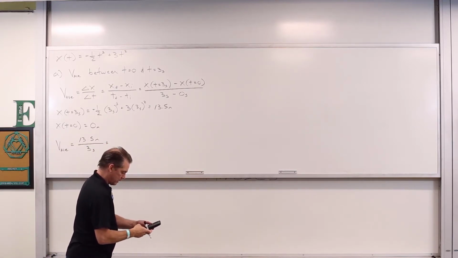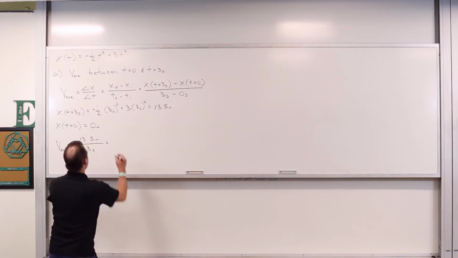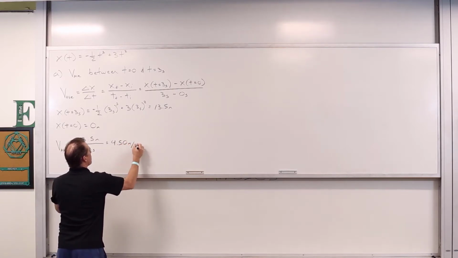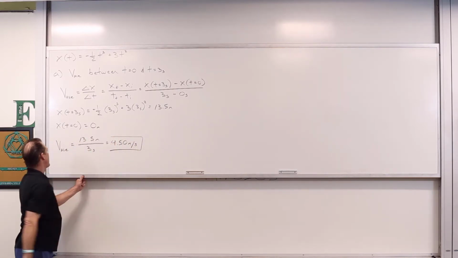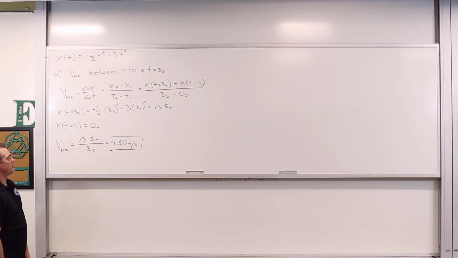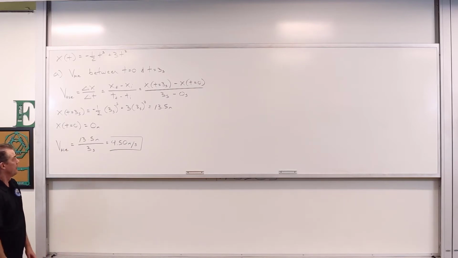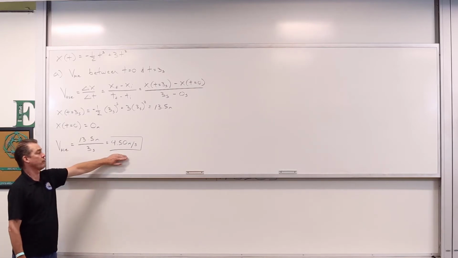Let's stick it in real quick: 4.5. We get 4.50 meters per second. So over the first 3 seconds, the average velocity of the object is 4.5 meters per second. In order to go from 0 to 13.5 meters away in 3 seconds, it would have to travel at an average rate of 4.50 meters per second.